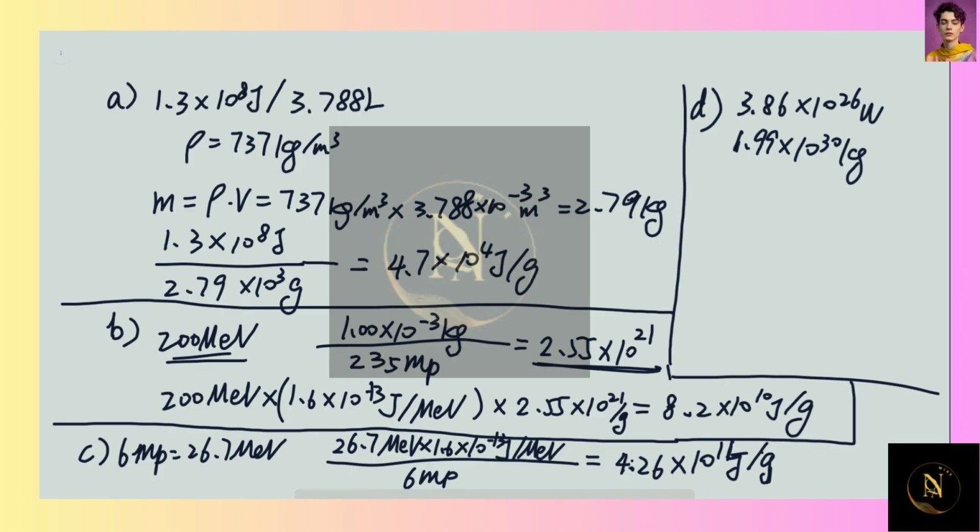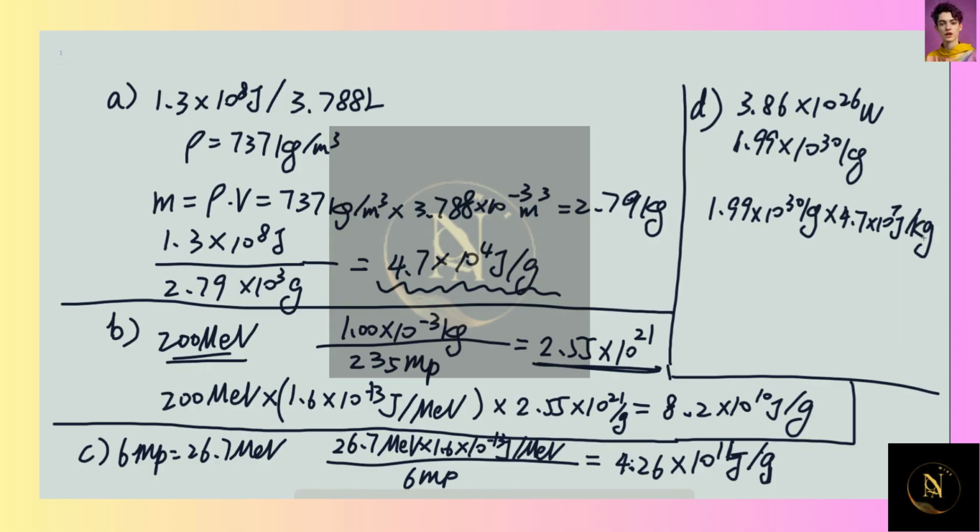So we found that gasoline produces energy at this rate. So 1.99 times 10 to the 30 kilogram, times 4.7 times 10 to the 7th joule per kilogram.